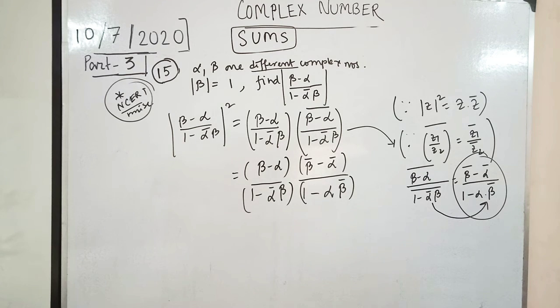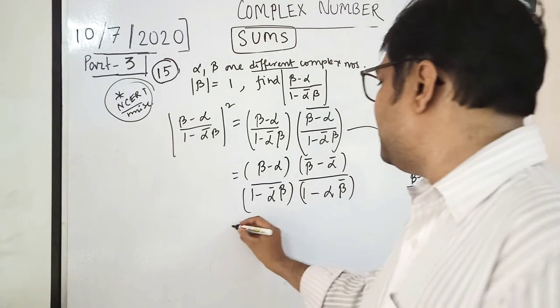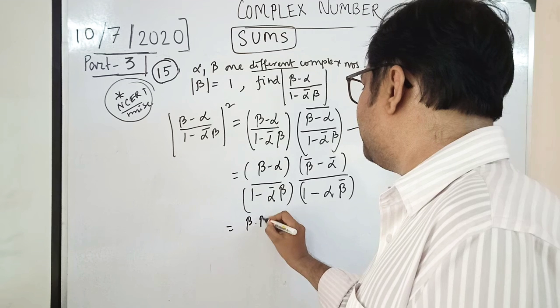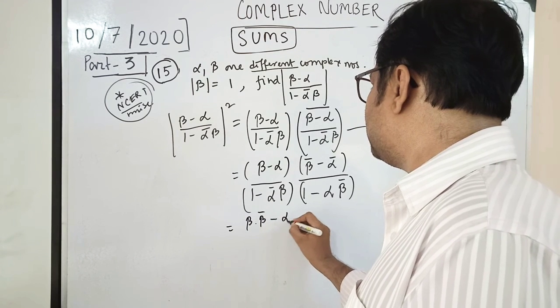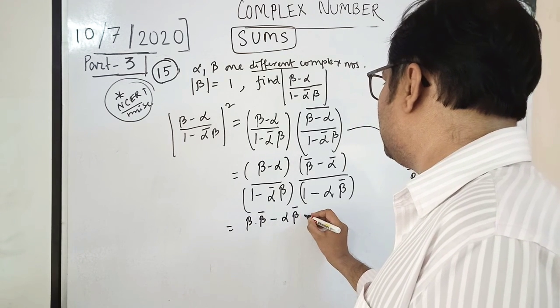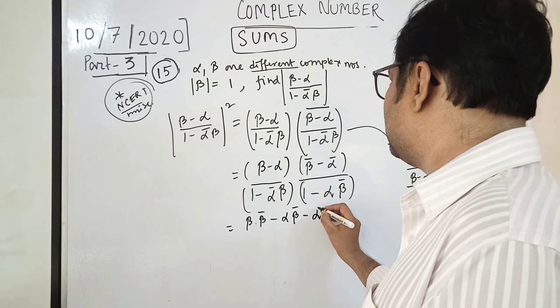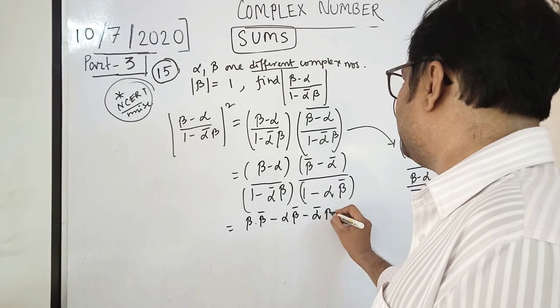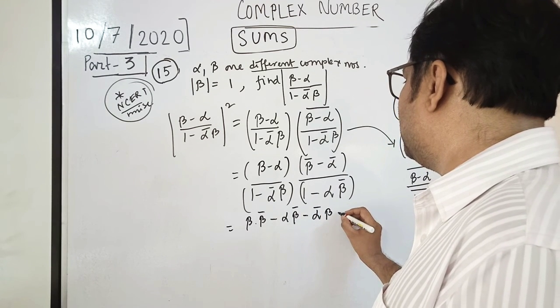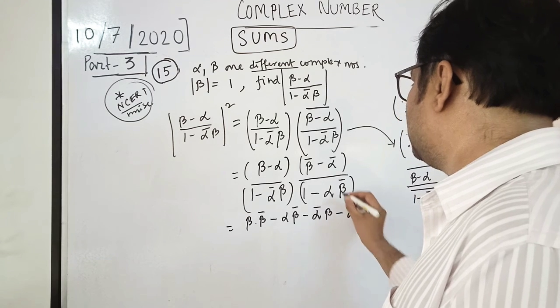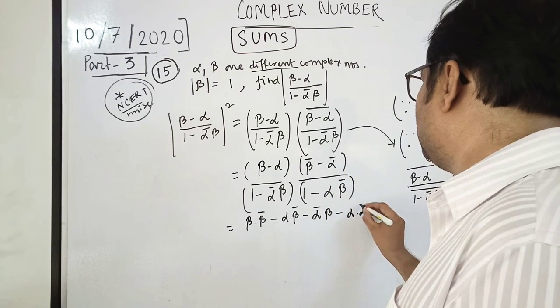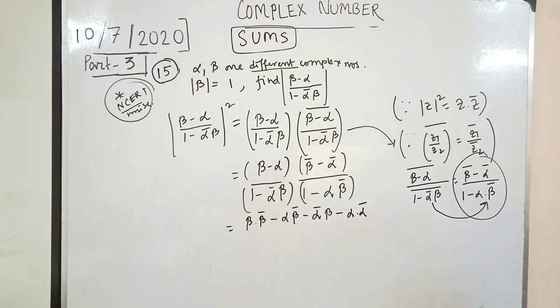Now what I will do, I will multiply. Simply we will multiply. We will get beta into beta bar, minus alpha into beta bar, minus alpha bar into beta, then plus alpha into alpha bar. So this thing I will get.